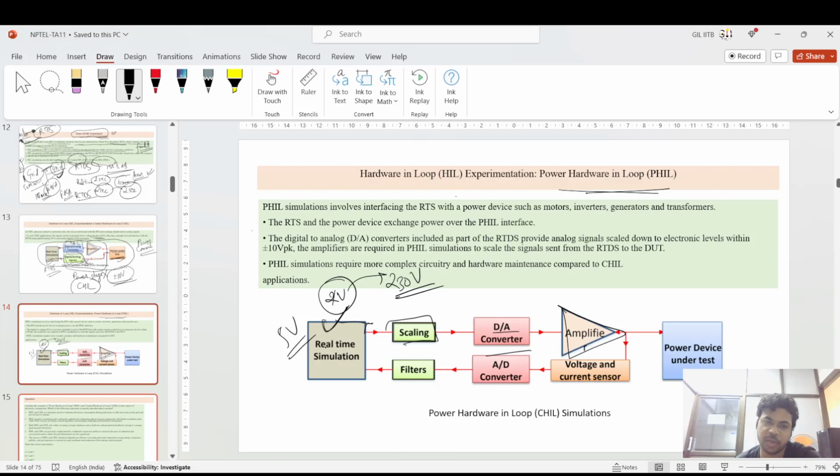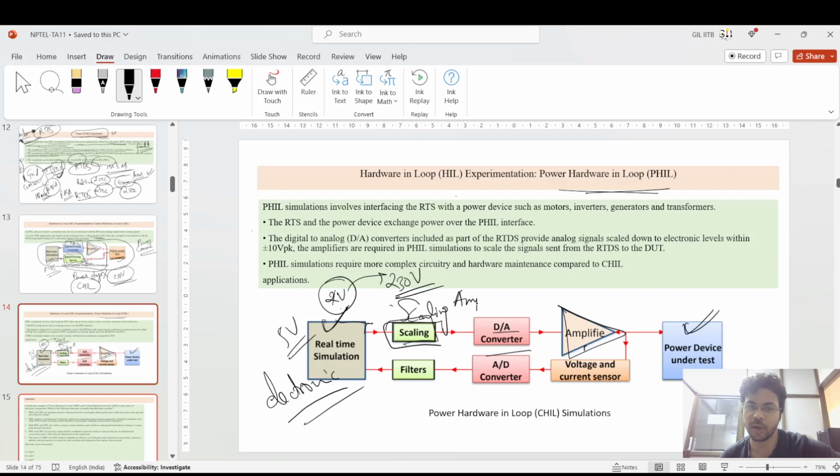The electronic circuits mainly operate at 5 volt, so you have to change this 2 volt to 230 volt for sending the power to the device under test. So in between you need a scaling factor. Scaling means you should have an amplifier where the voltage can be increased from the 2 volt or 5 volt level to 230 volt. For this conversion you need a power conversion device, a power amplifier in between.